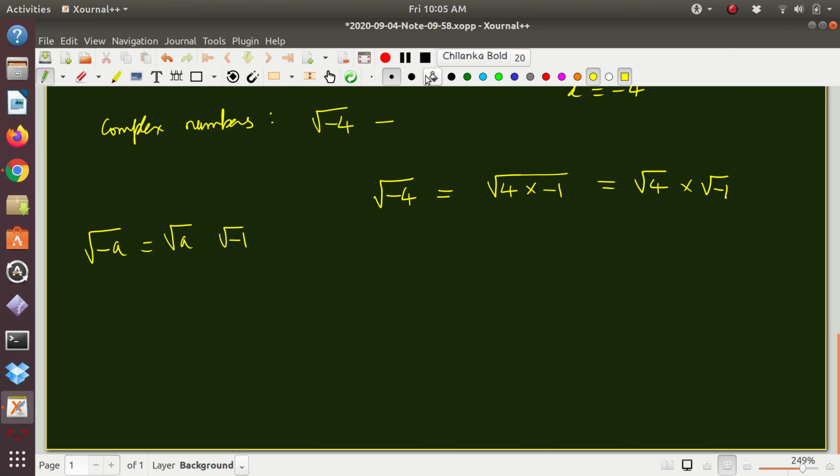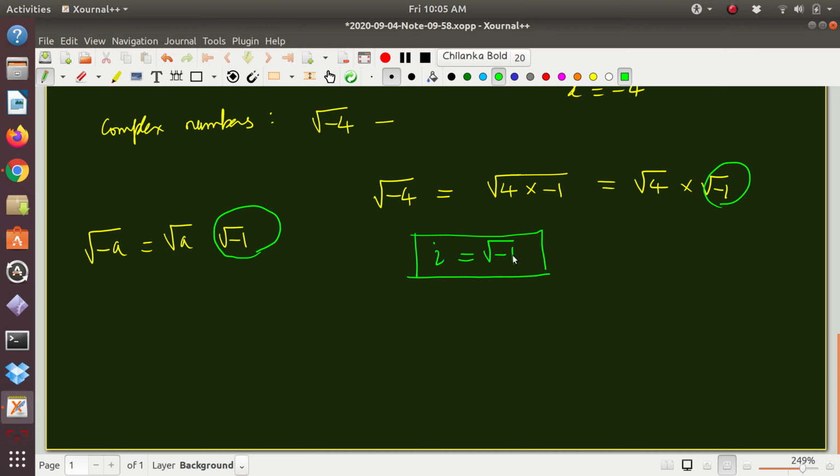So the square root of minus 1 seems like a fundamental entity in order to deal with square roots of negative numbers. That is given a special symbol in complex numbers, called i, the imaginary unity. Okay, i is denoted as square root of minus 1.